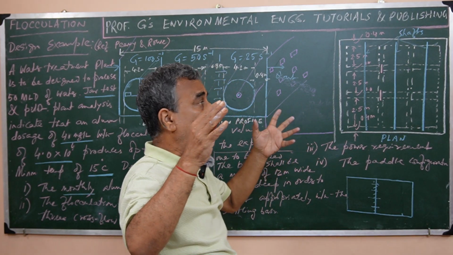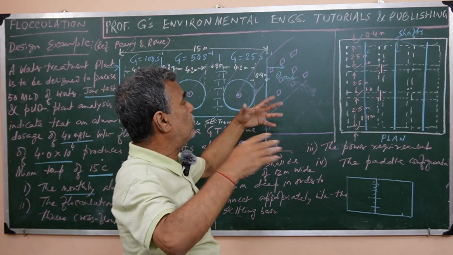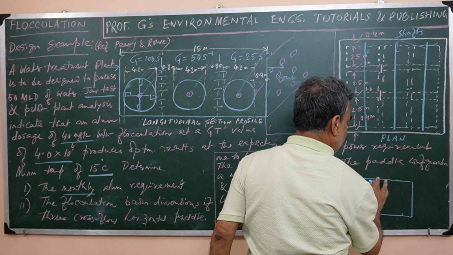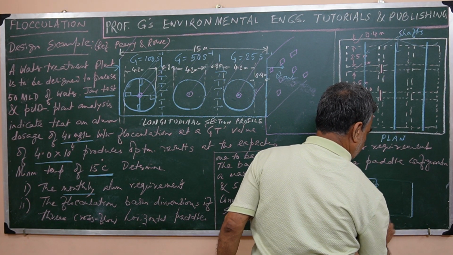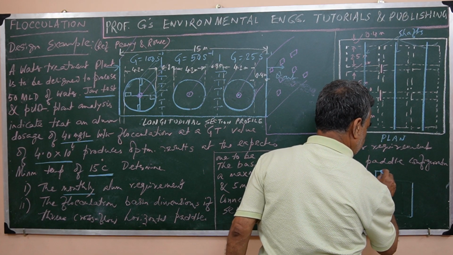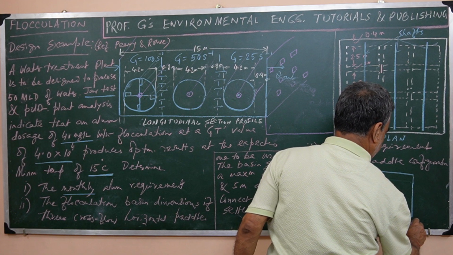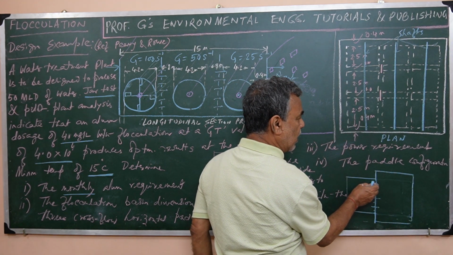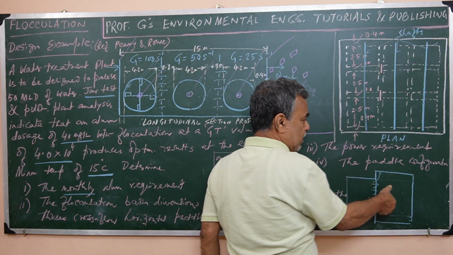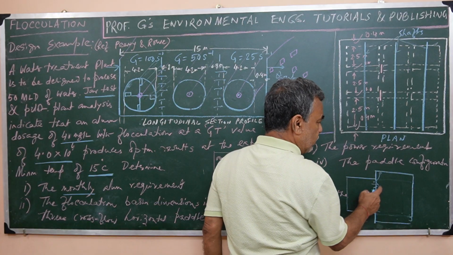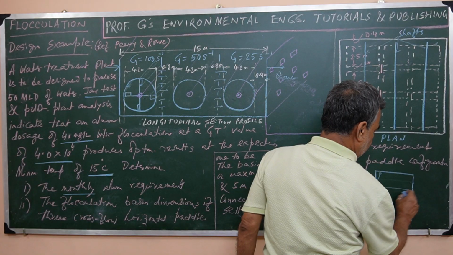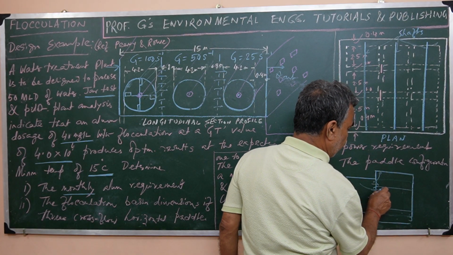Otherwise what would happen is that turbulence is created here. Suppose the width of the settling basin in the plan is more than that. That means here the turbulence will be there, because the water from this width is meeting a greater width. Similarly, if it is less than that, then also turbulence will be there, because it will be going like that.